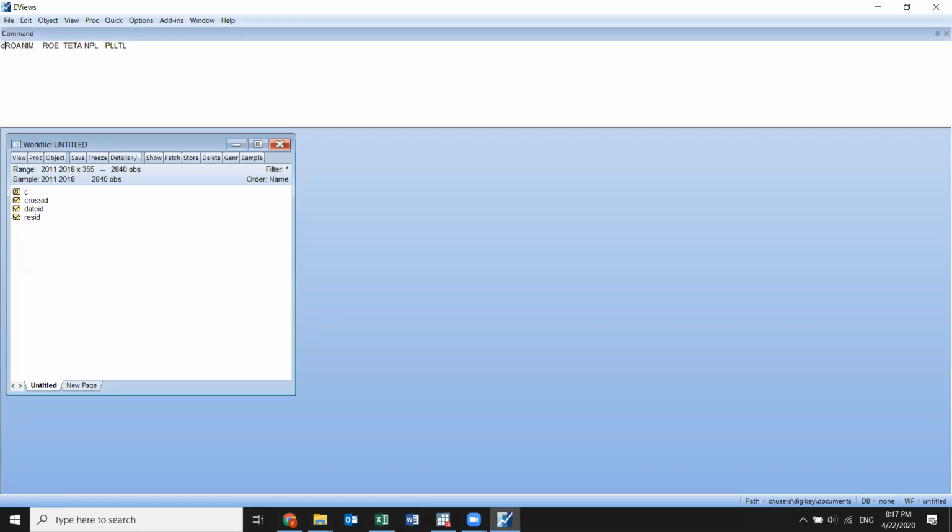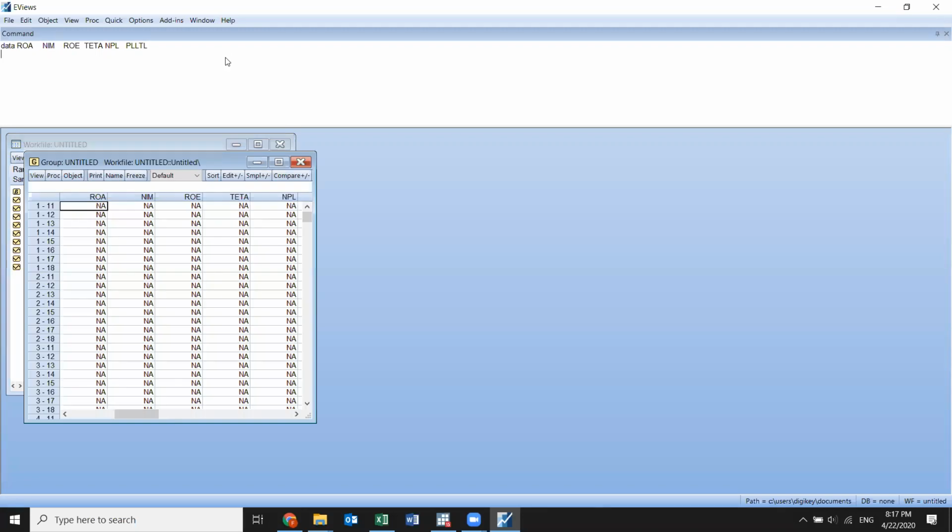So I type the command before the data. When I type the data, I give a command, and here I just press enter. I create the work file.